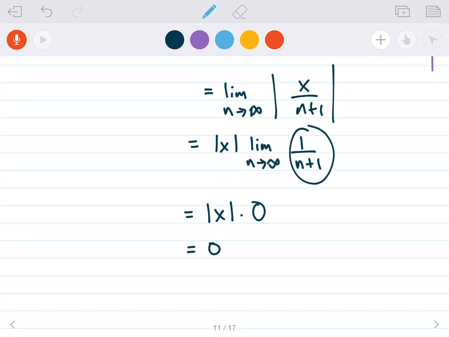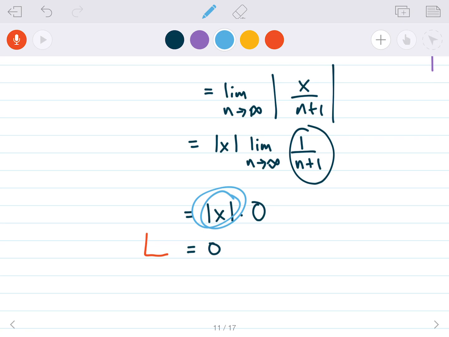And this, by the way, is our L from our ratio test. Now, what does the ratio test say? It says if that L is less than 1, this thing is going to converge. And because x can be whatever it wants, and the limit is always going to be 0, this thing is going to converge for all x values.